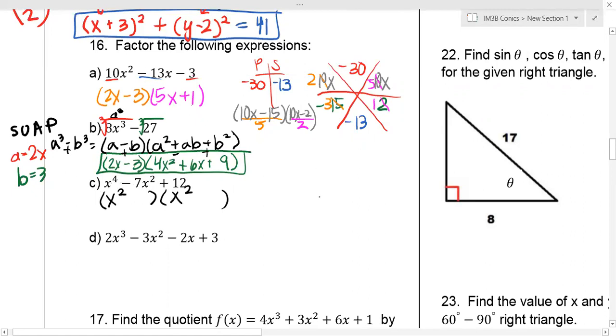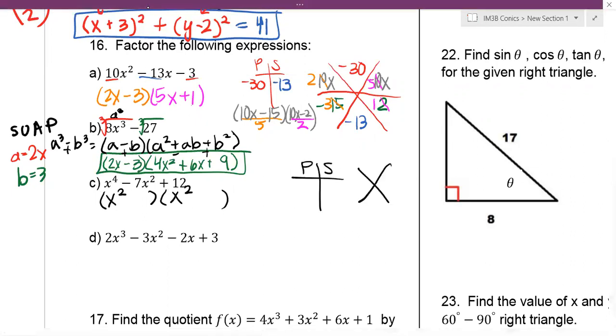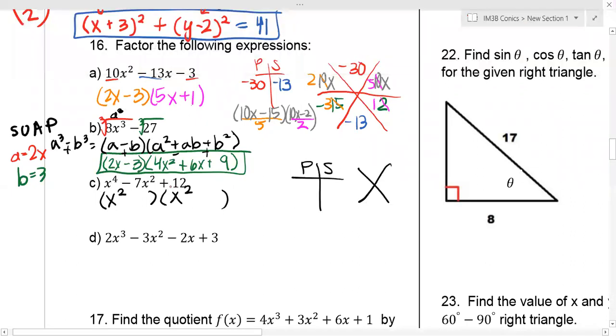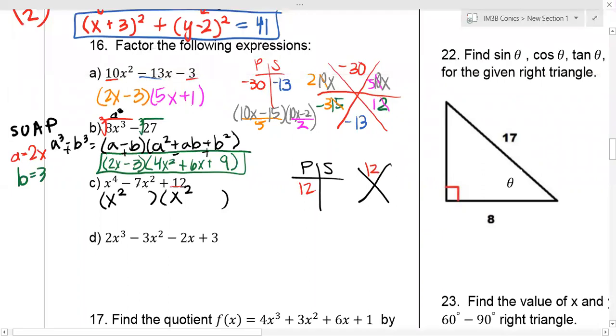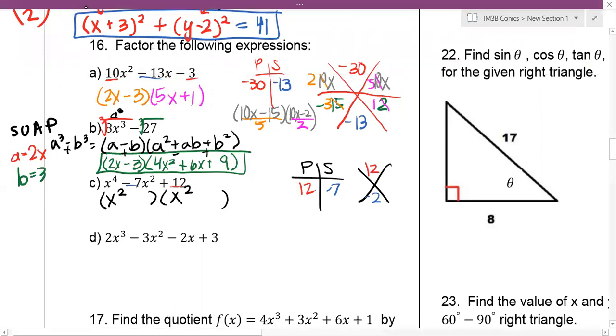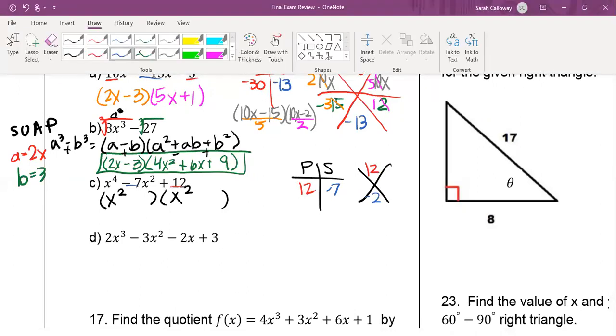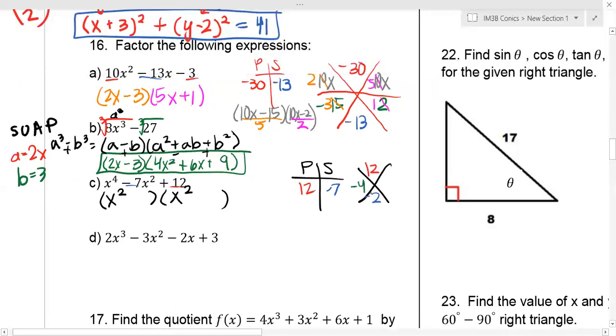So I'm still looking for a product sum, since A is 1, that multiplies to 12 and adds to -7. And so our two numbers are -4 and -3. So -4 times -3 is +12, and -4 plus -3 is -7.